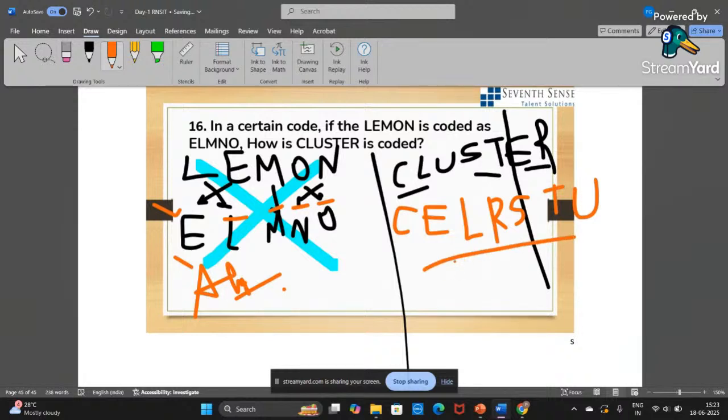See, you have to think in every possible way. That is possible only when you solve multiple questions like this. Got it? Okay.